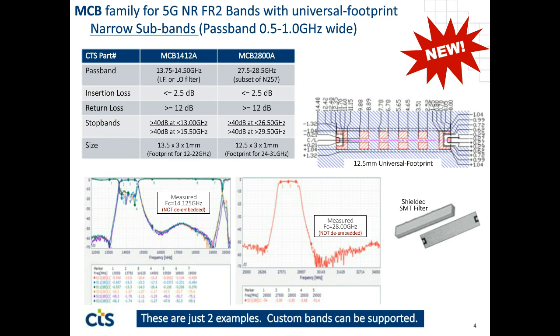Here we've shown two examples. The MCB 2800A illustrates a 1 gig passband in the middle of the N257 28 gigahertz band. And it shows that it achieves better than 40 dB rejection at 1 gig away from the passband.